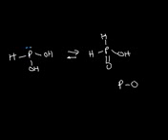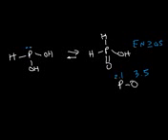Now, the phosphorus-oxygen bond is very, very polar. If I remember correctly, phosphorus has an electronegativity value around 2.1, but for oxygen it's like 3.5. So the electronegativity difference is greater than 0.5. It has to be at least 0.5 for it to be polar. So this bond is extremely polar.